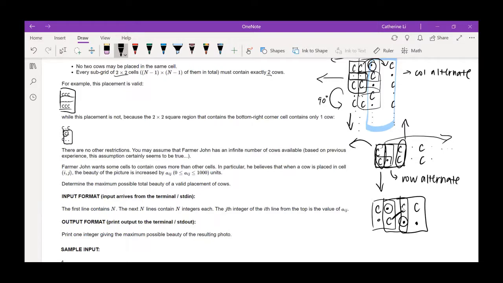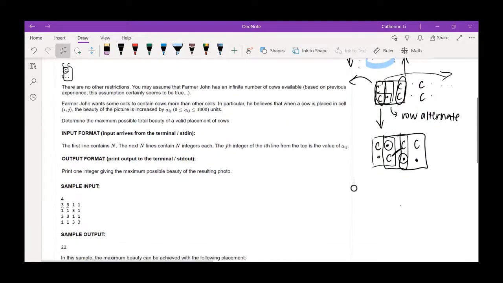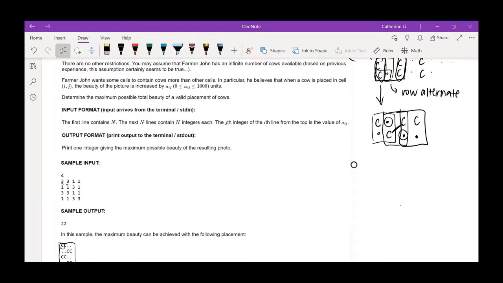But in both cases, what we're creating is alternating rows or columns. So you can probably see now that the recurring idea is that we usually have either alternating rows or columns. And we did that with casework, I guess, or just seeing what works.